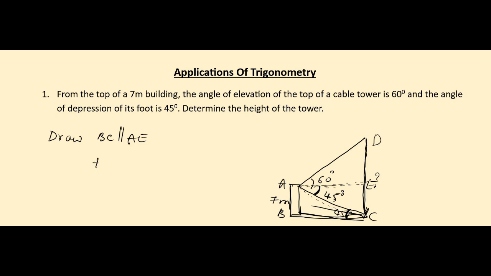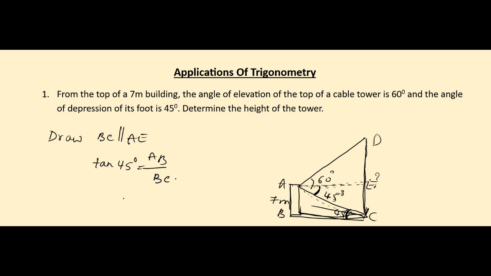So we can use the formula tan 45 degrees, which is tan theta, nothing but opposite divided by adjacent. For this 45 degrees, the opposite side is AB and the adjacent side is BC.